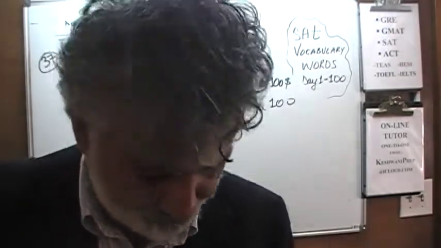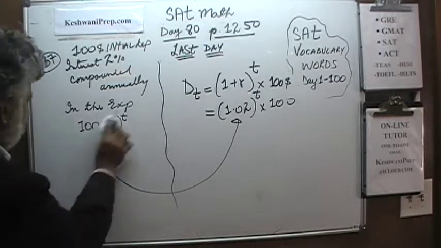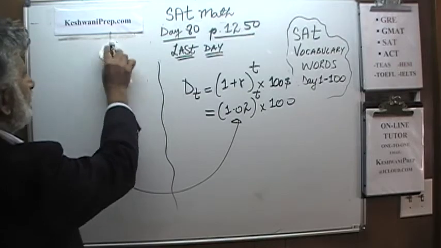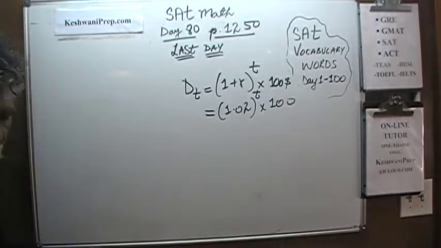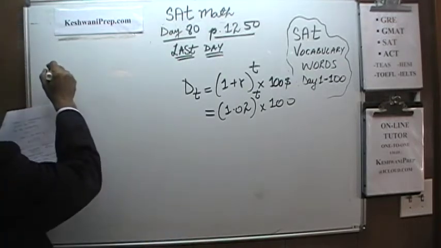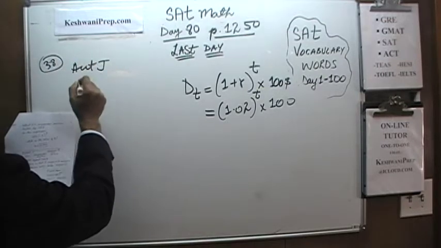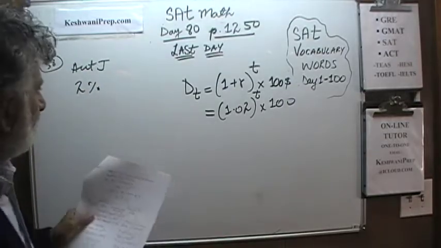Let's do the next one, shall we? Number 38. In number 38, we have two accounts. We're comparing two accounts. We have an account J, which we are told earns 2%, compounded annually.